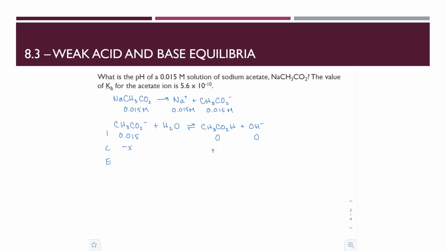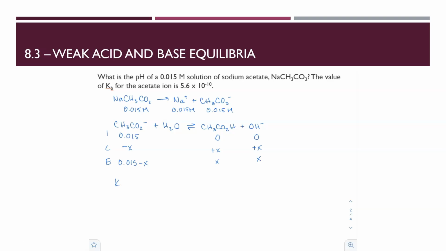And then we're going to go down by X and up by X, which means at equilibrium we'll be at 0.015 minus X, X, and X. Okay, so as it's written, this is a weak base reaction because the acetate ion is accepting a hydrogen to form the conjugate acid and hydroxide, which is appropriate because we're given the Kb value.